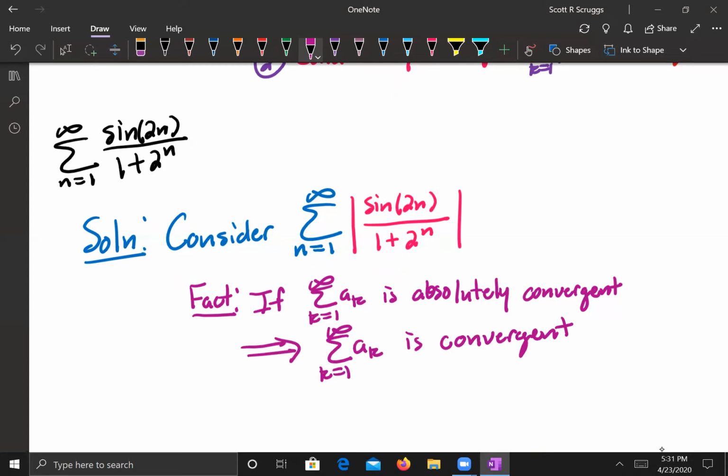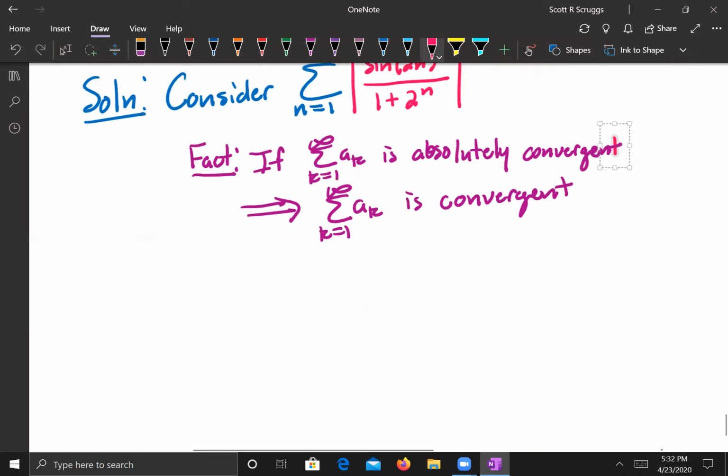And so let's rewrite that fact again, to make sense of what that means in a nutshell.